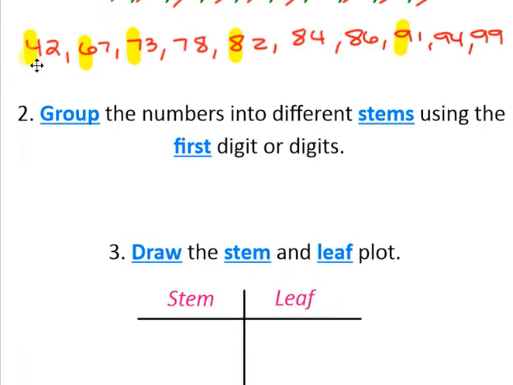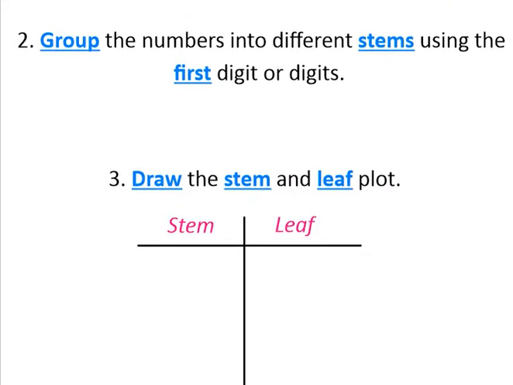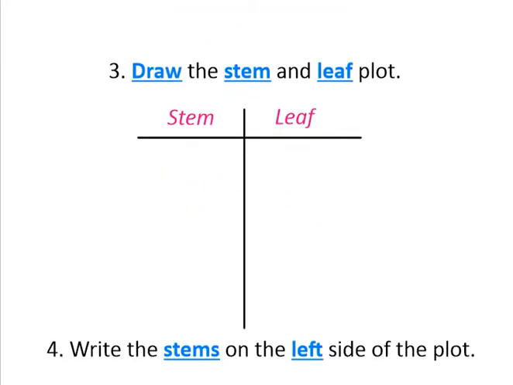So here, how we have 4, 6, 7, 8, 9, we cannot skip 5. So we are going to go ahead and put 5 on our plot. So we're going to write 4, 5, 6, 7, 8, 9. Let me squeeze that in there a little bit better.